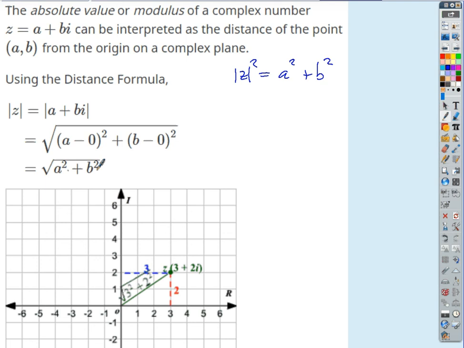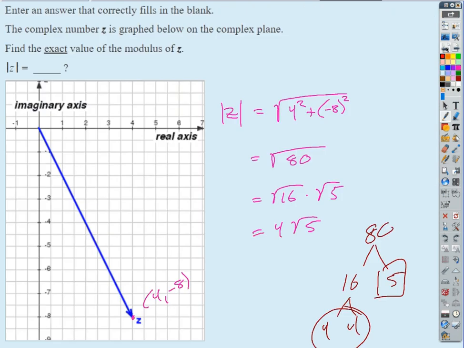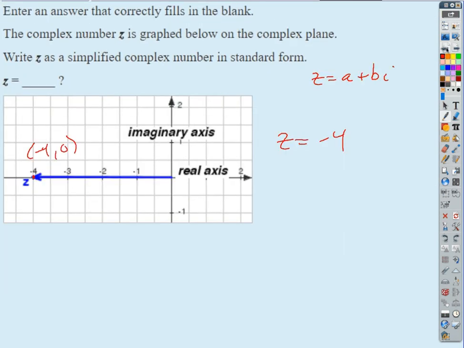Now, something I didn't mention on Friday, but while we're on this page, what would happen if we take that example? What complex number is being represented there? The coordinates of the point are -4, 0.